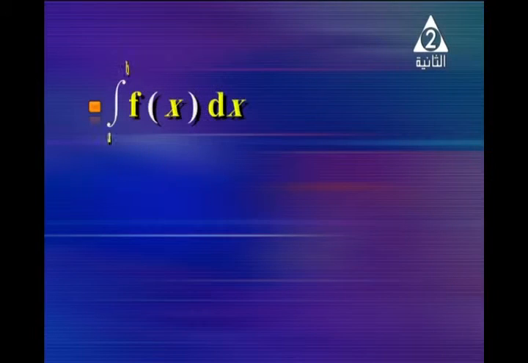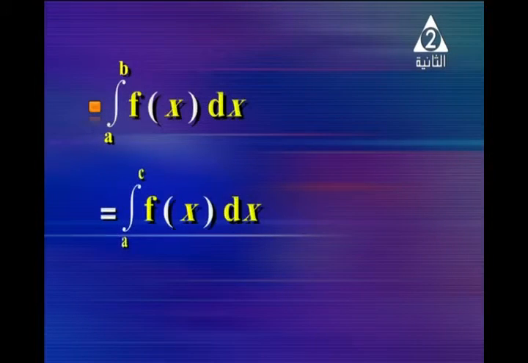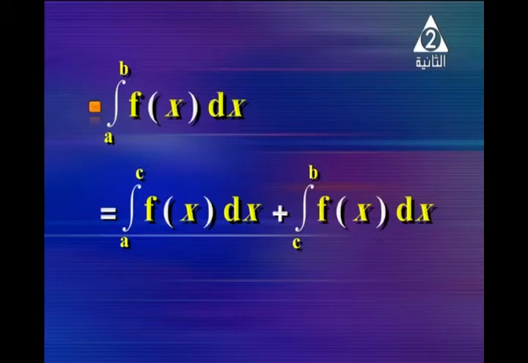Number 3, the integration of f of x with respect to dx from a to b equals the integration from a to c of f of x dx plus the integration from c to b of f of x dx. Remember, c belongs to the open interval a, b. Remember, dear student, this rule is very important.